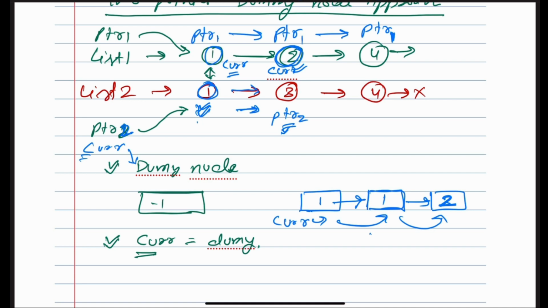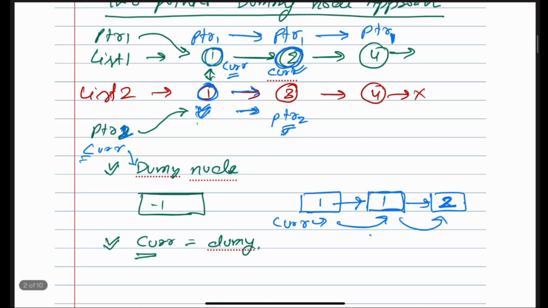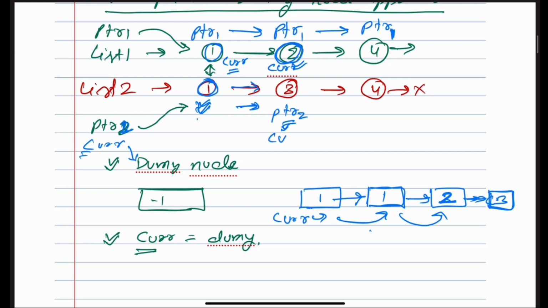After this, we'll again compare the pointer 1 value with the pointer 2 value, right? So we're going to compare 3 with 4. Now again 3 is less than 4. So here the value will be 3 and my current will be pointing to this place.